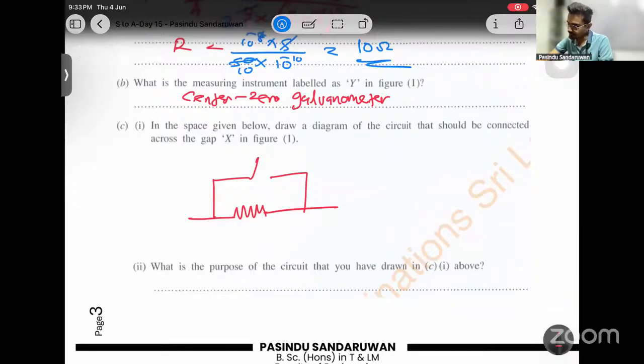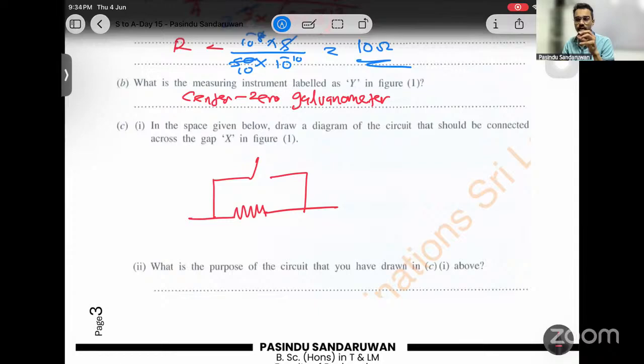What is the purpose of the circuit that you have drawn in C1 above? Purpose is that it is a safeguard resistor, no? Safeguarding or protecting the center zero galvanometer from higher currents, because galvanometers are always very sensitive. If a higher current flows, it burns.